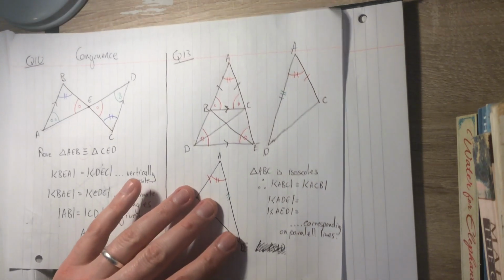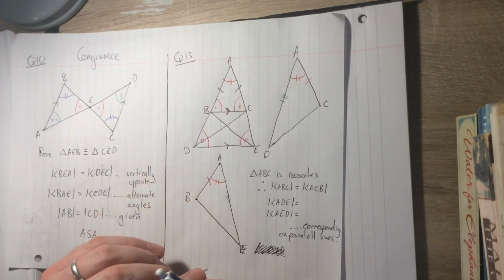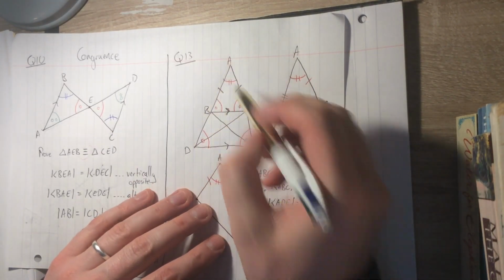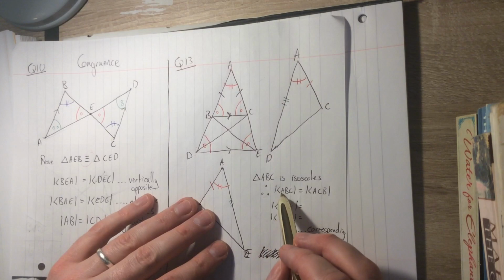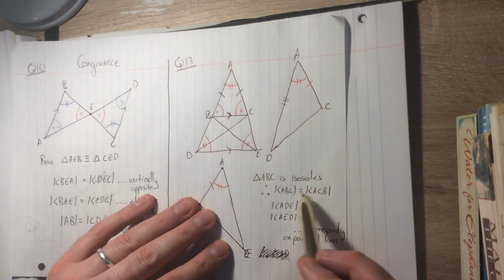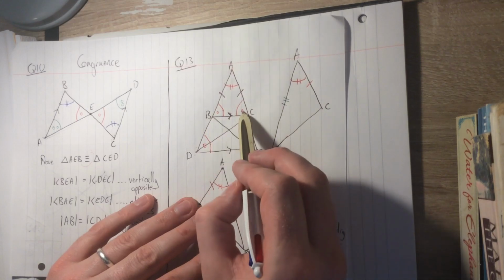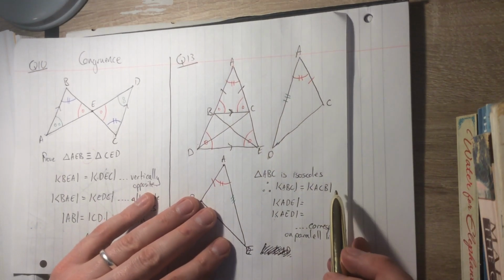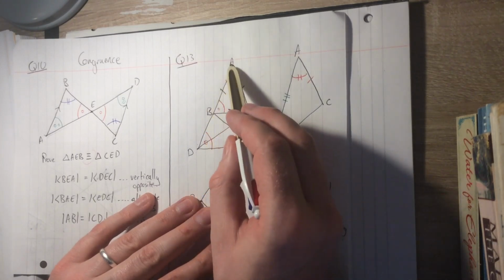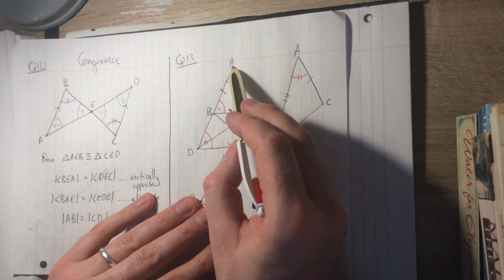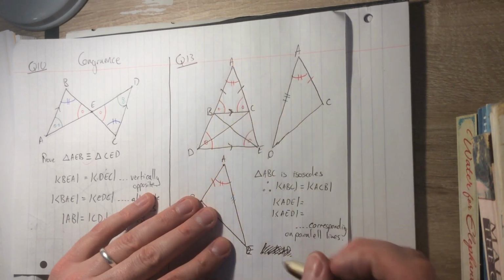How do we put that down on the paper? Well, we say, first of all, the triangle ABC is isosceles. That's the small triangle. Therefore, we can say the angle ABC, this red dot here, is equal to the angle ACB, this red dot here. Okay? Now we can also say that the angle ADE is the same as this angle up here, which is called ABC.